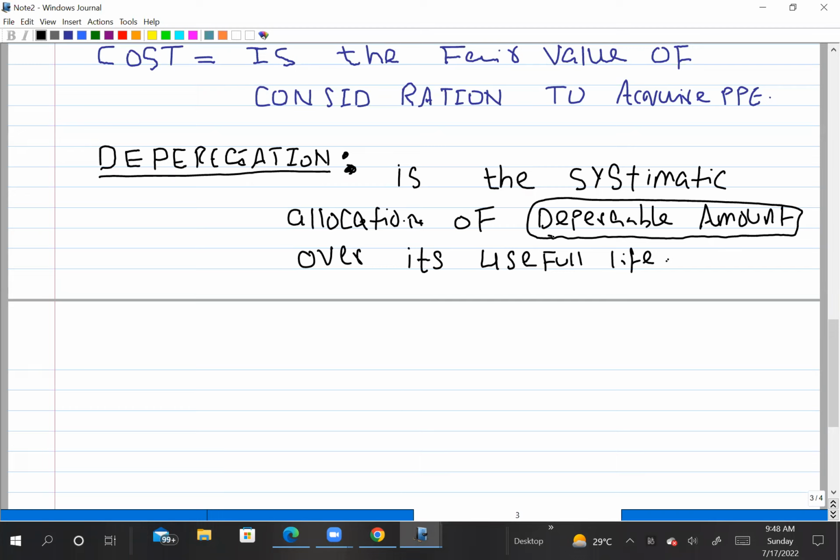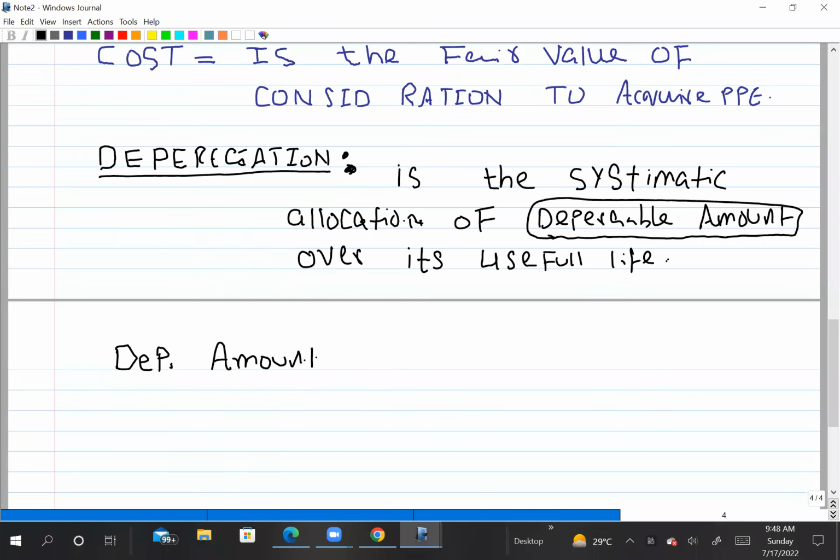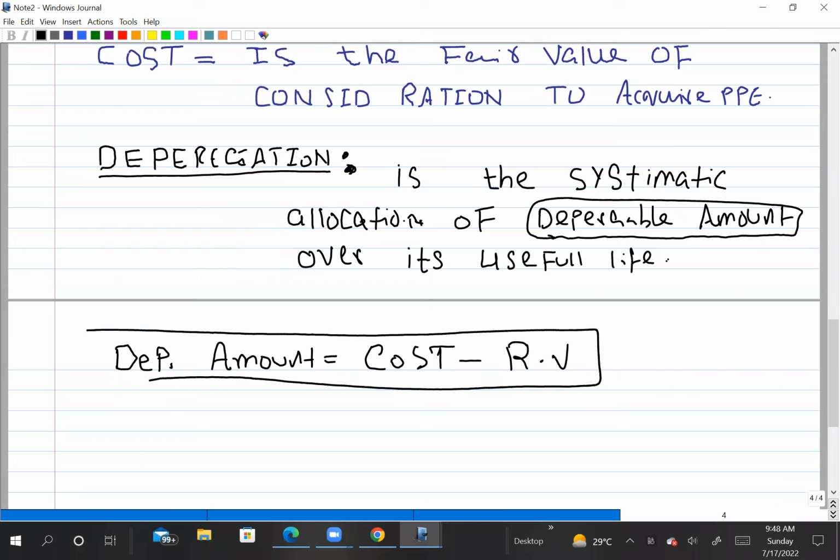If we define it, it will be equal to cost minus residual value. If we deduct the residual value from the cost of the asset, that will be known as depreciable amount.